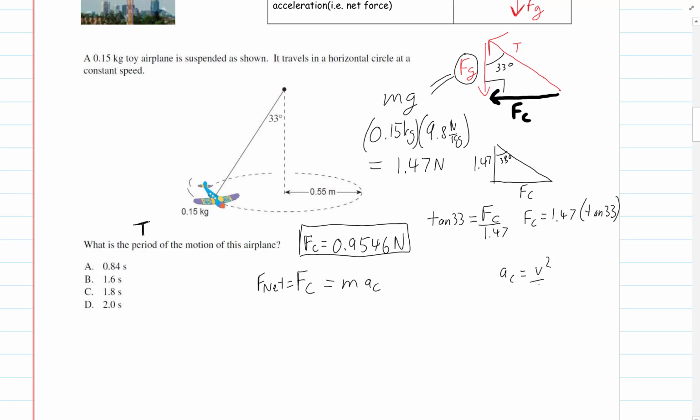That's either v squared over r or 4 pi squared r over T squared. Since we're asked for the period, it makes sense to use this one, because that has the period in it. Else we'd get the velocity and then have to do one more step. So let's plug it all in.